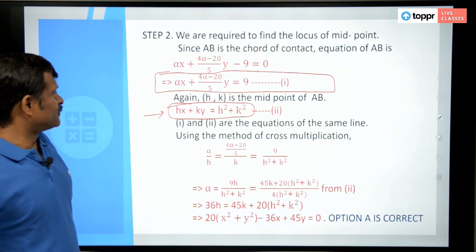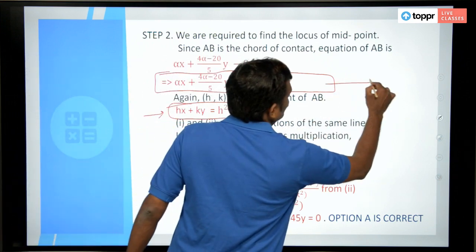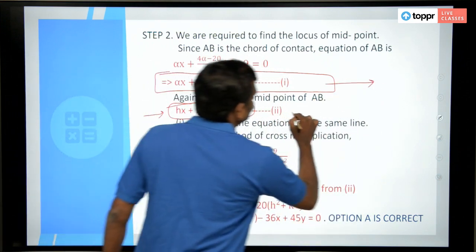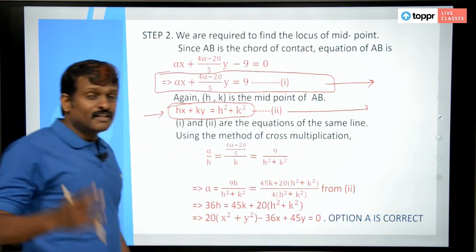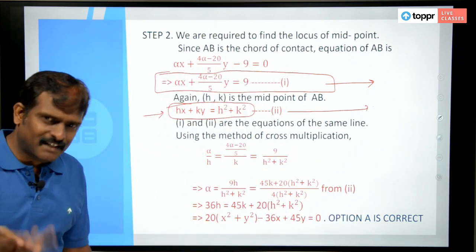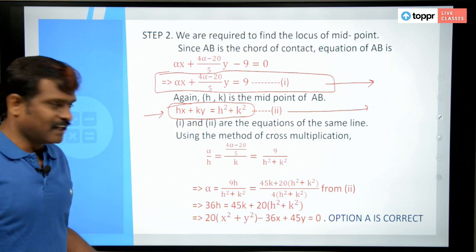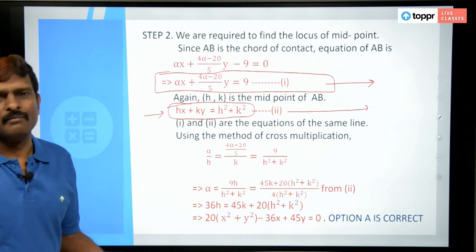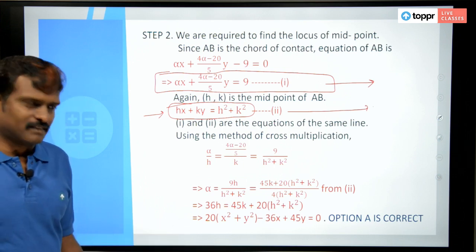Now, you see, this is the equation of the chord of contact and this is also the equation of the chord of contact. These two are not different, they are the same line, but in a different form. These two are coinciding lines, you can say, right.